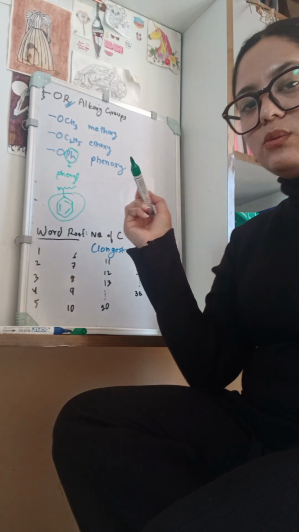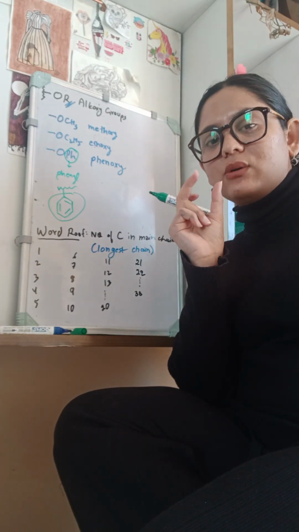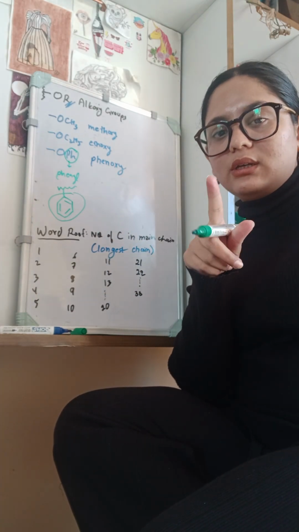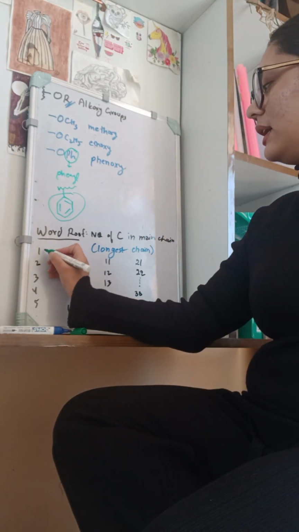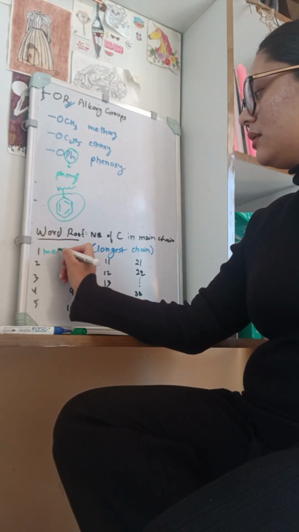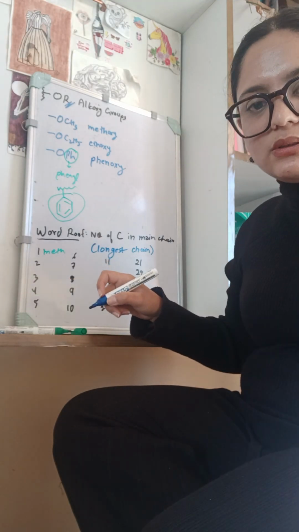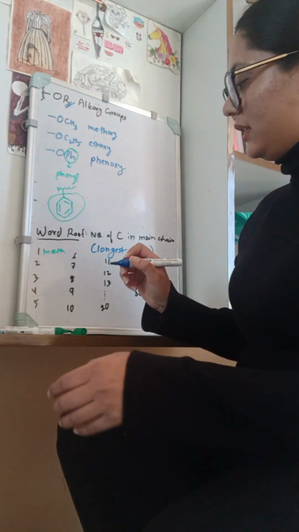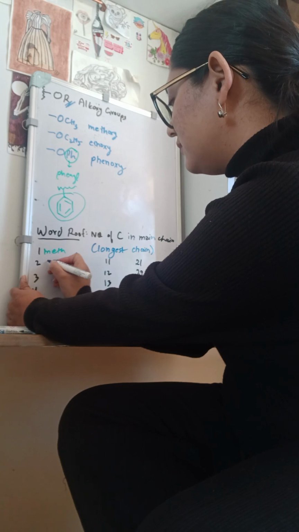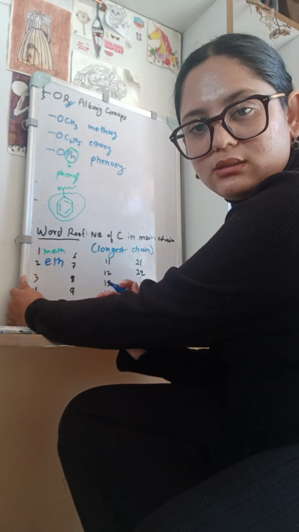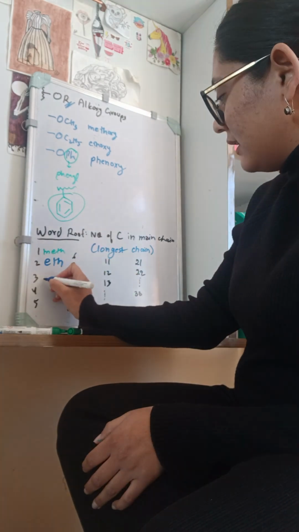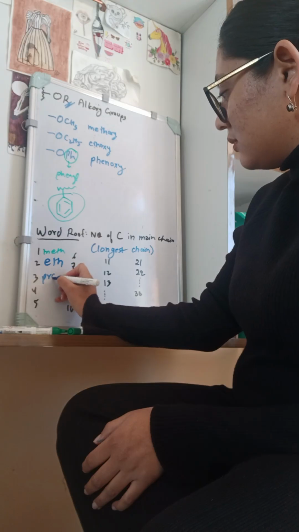So a compound which has a main chain having only one carbon, the word root for that will be meth. For 2 we have eth. For 3 we have prop.